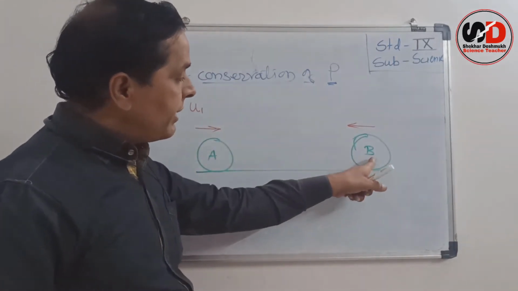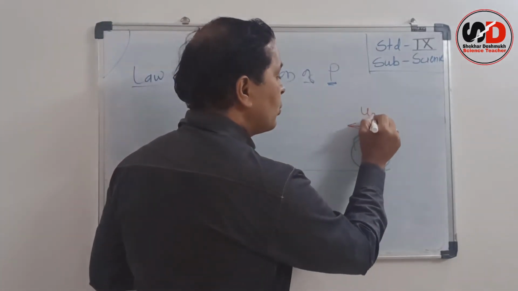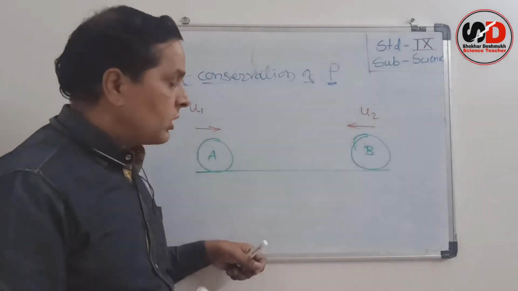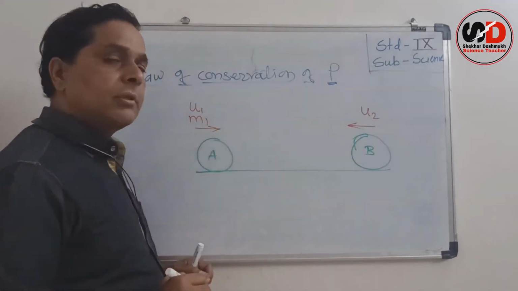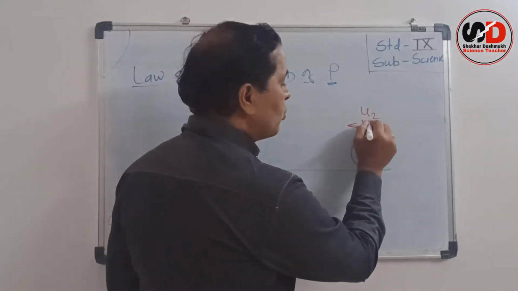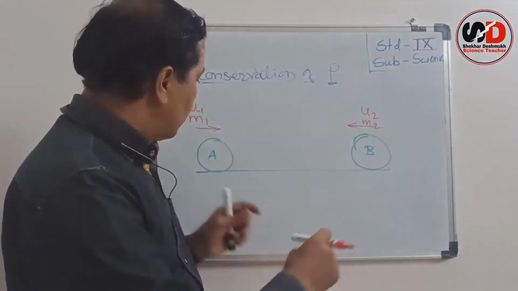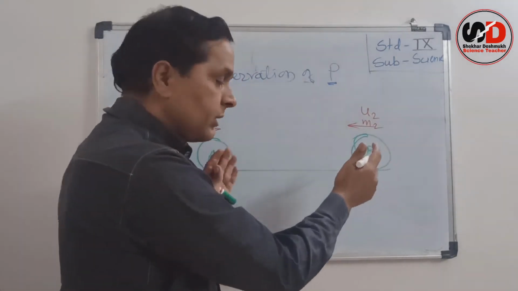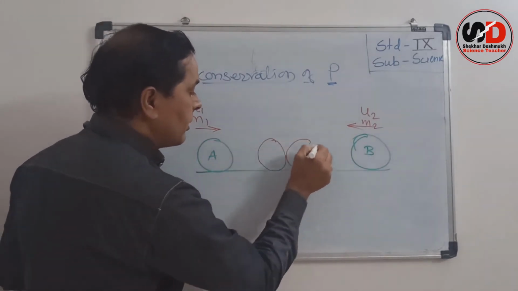Suppose object B is coming in this direction with initial velocity u2. Suppose mass of this object is m1 and mass of this B object, suppose it is m2. Okay, they are coming towards each other. What happened? Here they collide with each other.